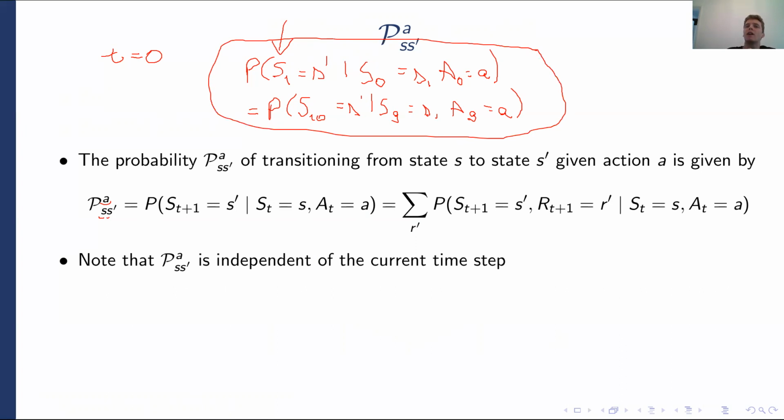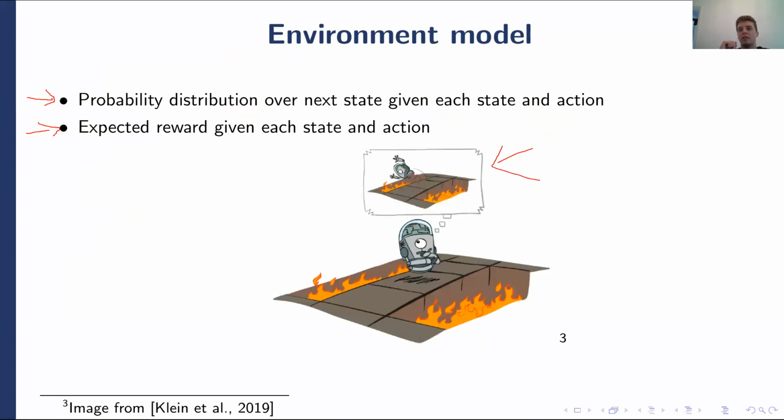And remember that in a Markov decision process, all that is important for a decision must be included into the state, into the description of the state. And so if you want the probability of transitioning between states to change across time steps, you have to represent the information about the time step inside the state, okay?